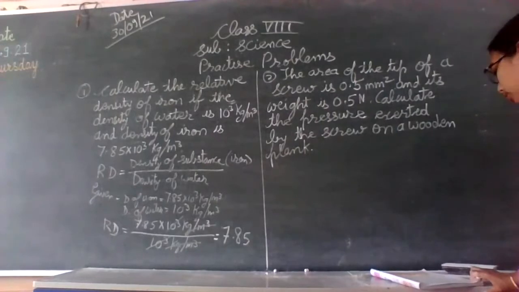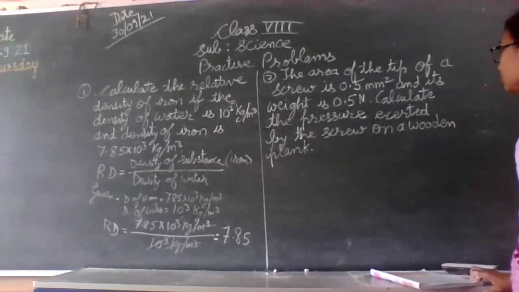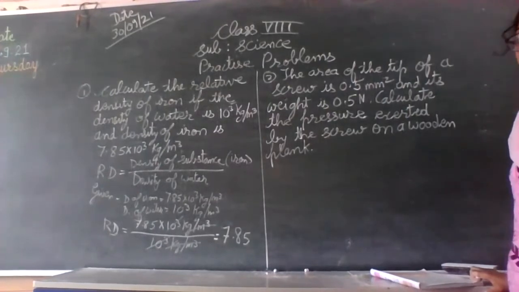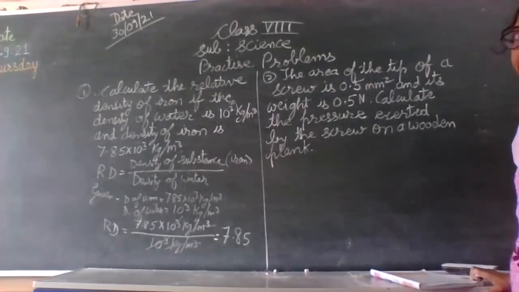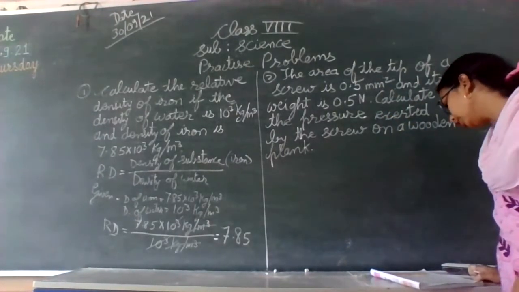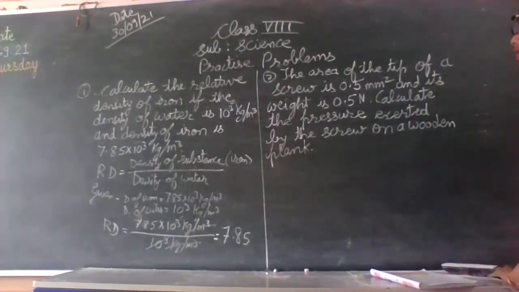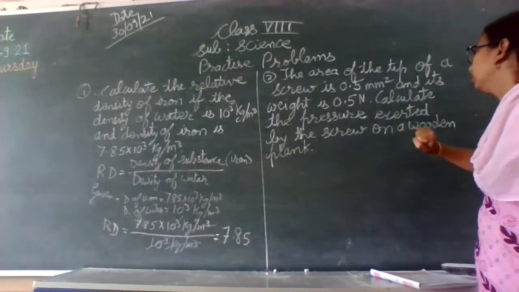That we have got, that is 0.5 millimeters square. So unit also we have to follow very carefully. If it is millimeter square, we have to convert it into meter square. Area should be in meter square, isn't it? And its weight, that means its force, is 0.5 Newton.